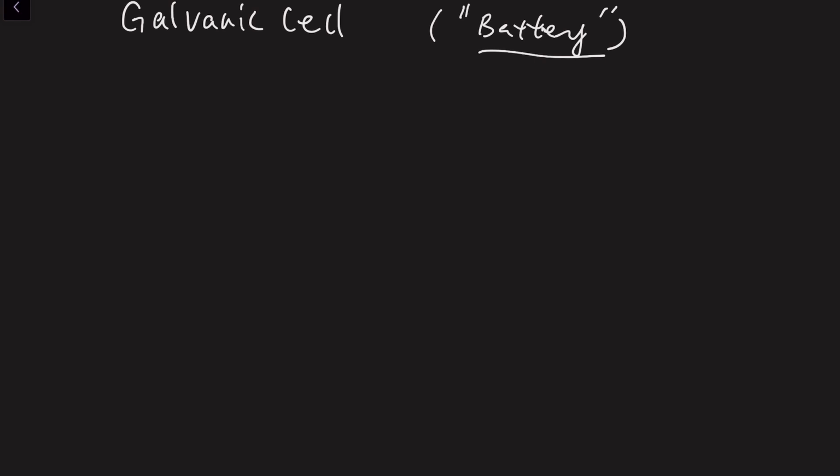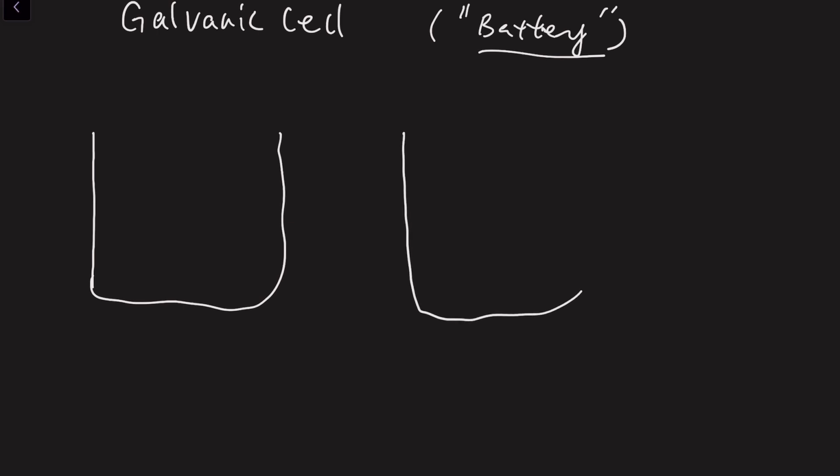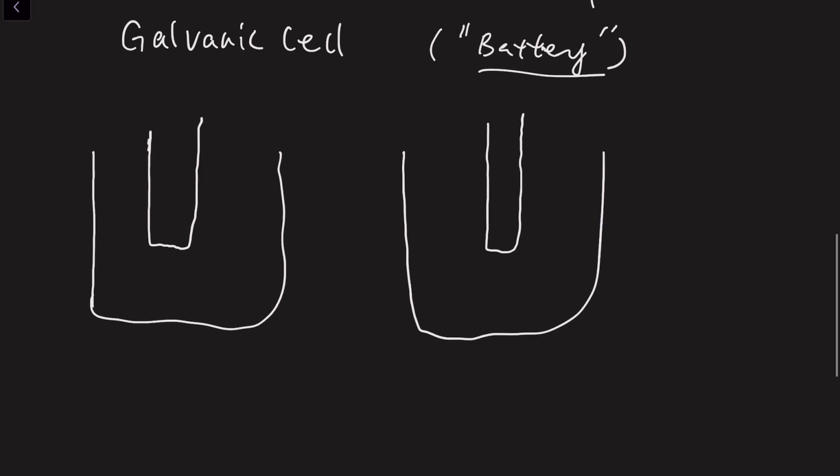A galvanic cell looks indeed like two containers. They can be two beakers, and we need electrodes.